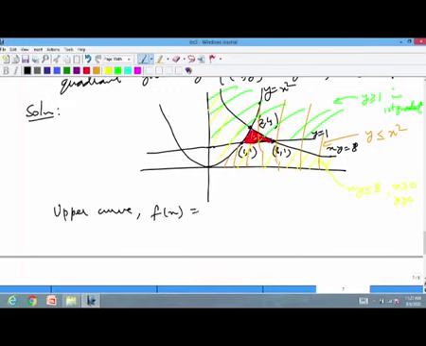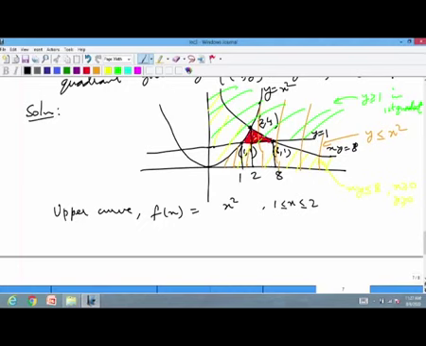This is equal to x square if 1 is less than or equal to x less than or equal to 2. From 1 to 2, if you see, this is x equal to 1, this is 2 and this is x equal to 8.